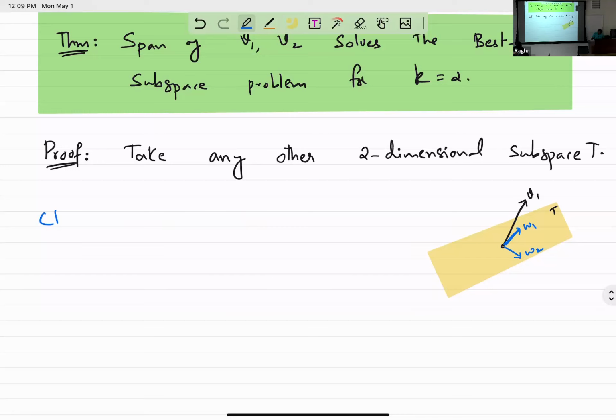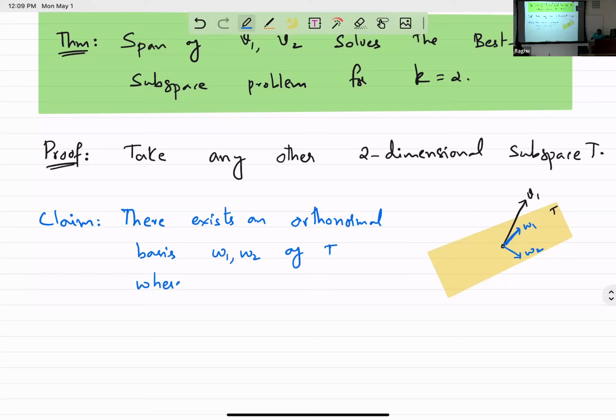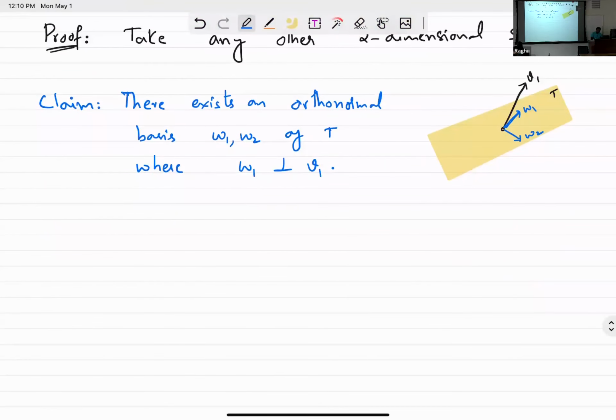So this was the most important part of the proof. There exists an orthonormal basis W1, W2 of T where W1 is perpendicular to V1. Okay. And once we had that, we had to use Pythagoras' theorem a couple of times. And we also had this statement.